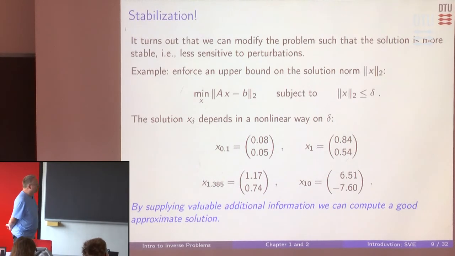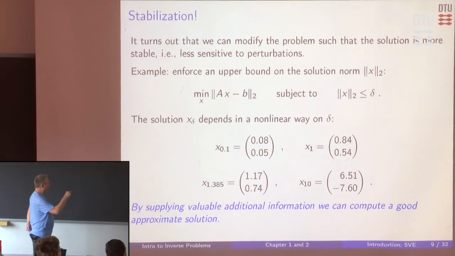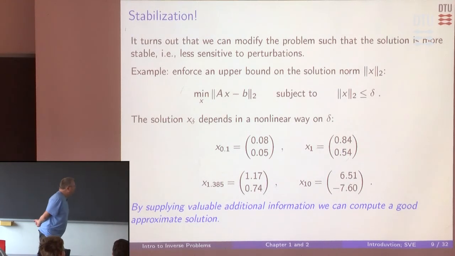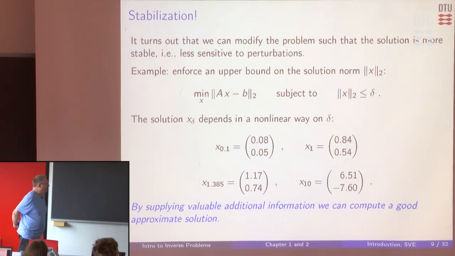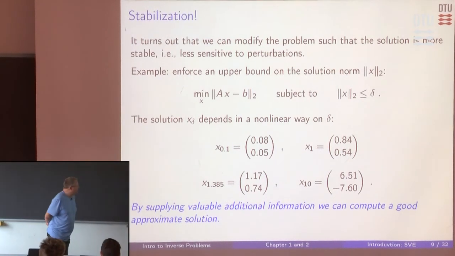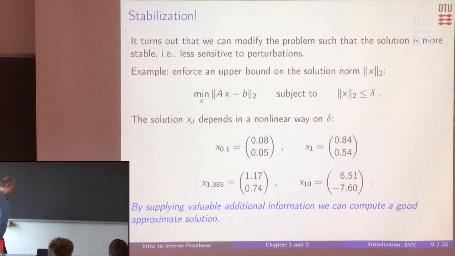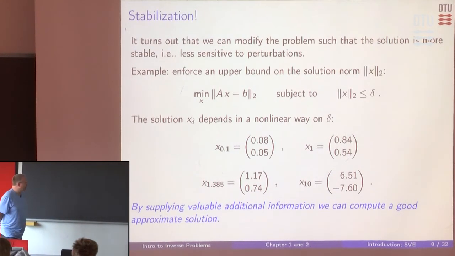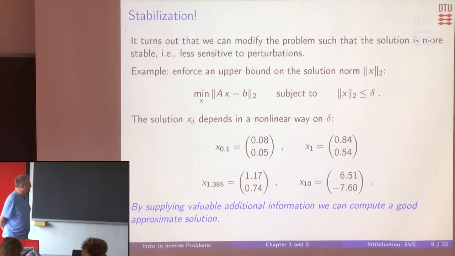And again, it's not really a good approximation to the true solution 1, 1. But you can see if I choose delta of the order 1, I do get something that is closer to the exact solution. And actually, for delta equal to 1.385, I do get a fairly good approximation there.